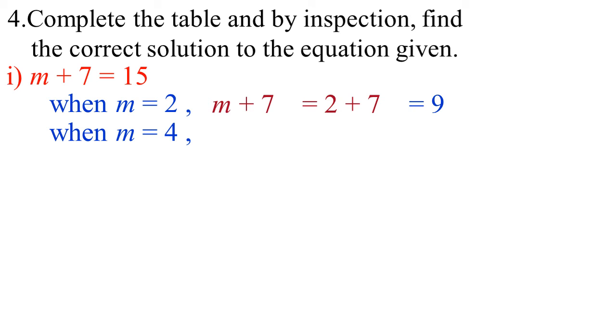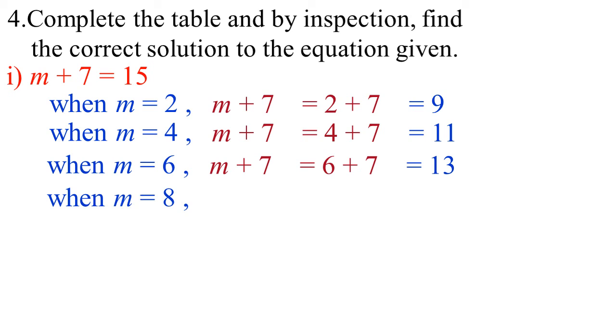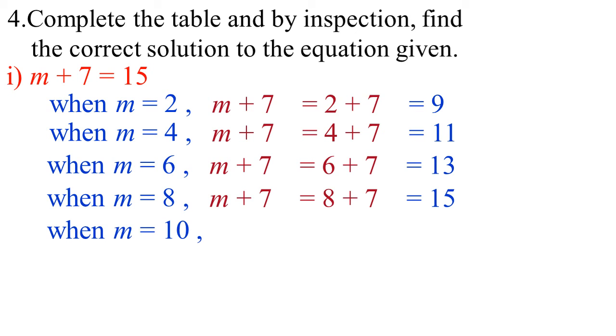Next, when m equal to 4, 4 plus 7, we get 11. When m equal to 6, 6 plus 7, we get 13. When m equal to 8, 8 plus 7 equal to 15. When m equal to 10, 10 plus 7, we get 17.